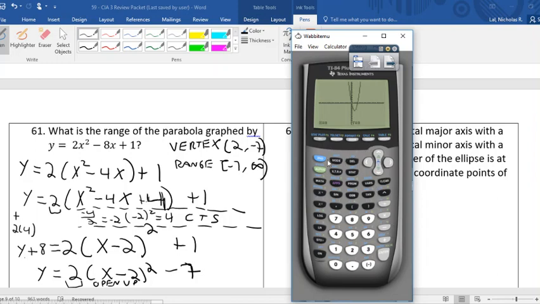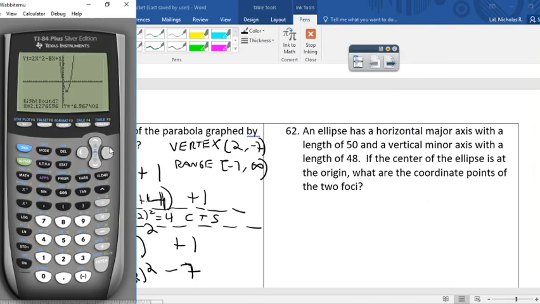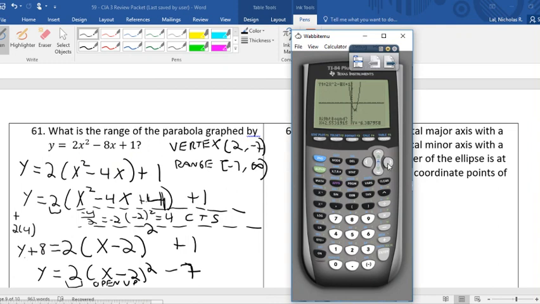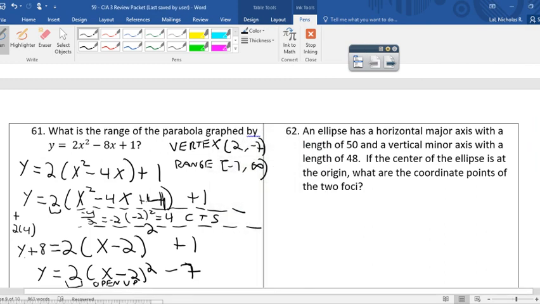But if you did second calc, found the minimum, left bound, it's a normal parabola. Right bound, guess. All right, you would find the minimum was at (2, -7), and then you could find the range that way.